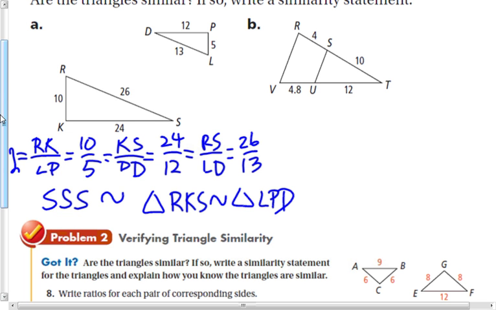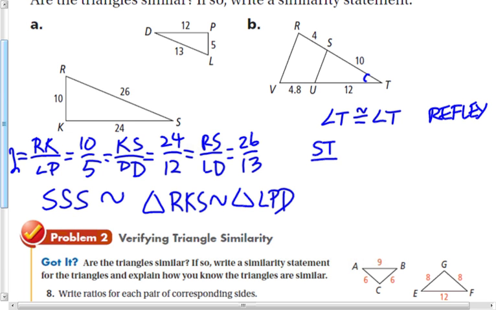All right, let's check out this other triangle here. Again, we're going to check these ratios. Well, we have a common angle here, angle T, so we're going to just say that angle T is congruent to angle T, and that's by the reflexive property. And then we're going to check out the ratios.